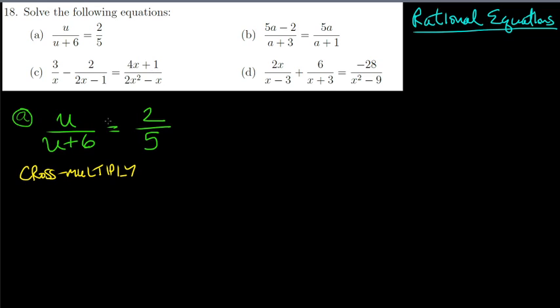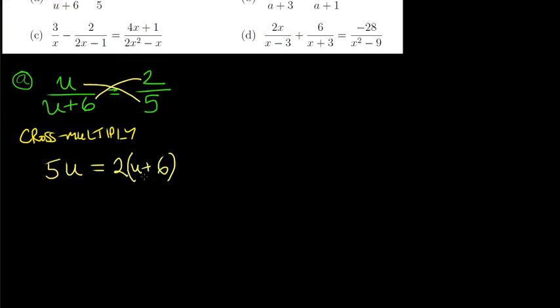So when that happens, you can just cross multiply. What that means is I can multiply 5 times u, and that's the left side, and I can multiply 2 times u plus 6. But be careful, you're multiplying 2 times the whole thing, u plus 6. Right? So you need parentheses. And, right, that just gets rid of the fractions.